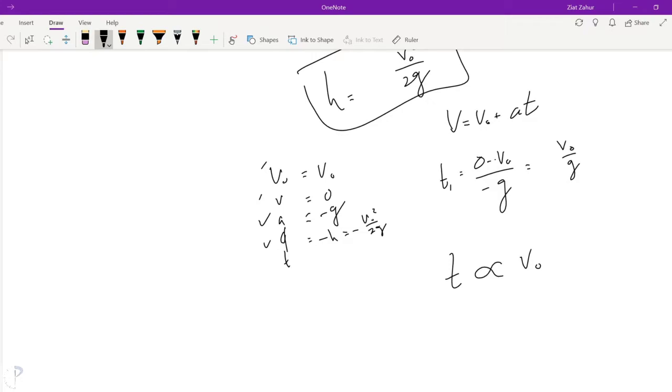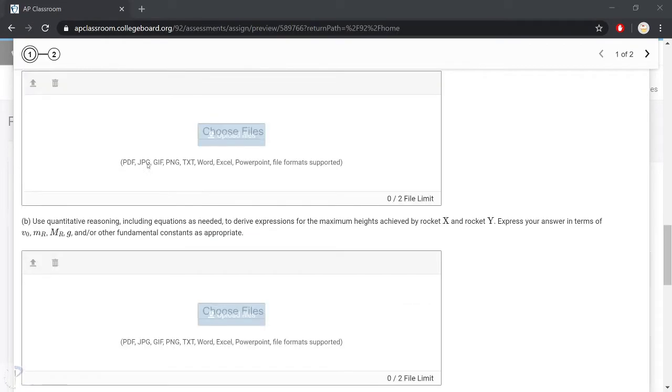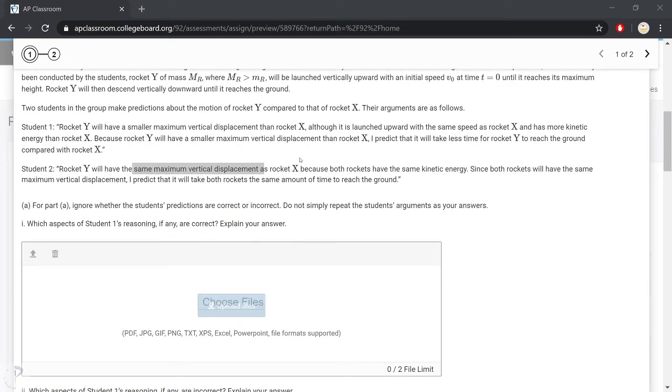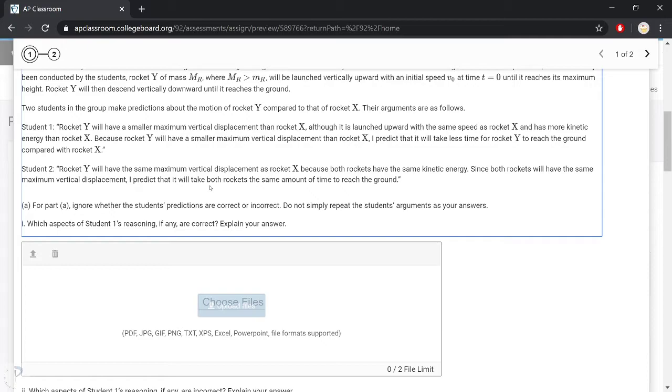And since they're both the same, it's going to take the same amount of time. So we go back to what they said. Student 1 was correct in that it will take the same amount of time, and student 2 is incorrect.